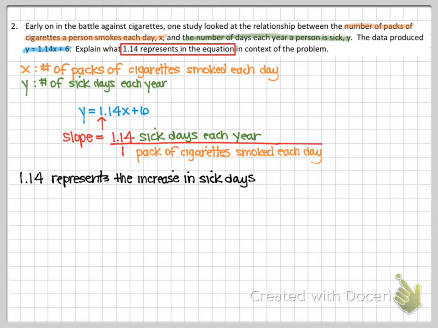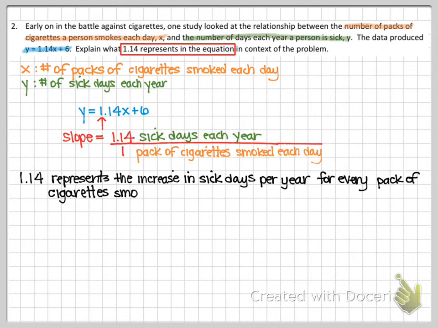So we're just pulling it straight out of the fraction. All right, we've got the top. Now let's transition to the bottom. For every pack of cigarettes, now we're in the denominator. So for every pack of cigarettes smoked per day.